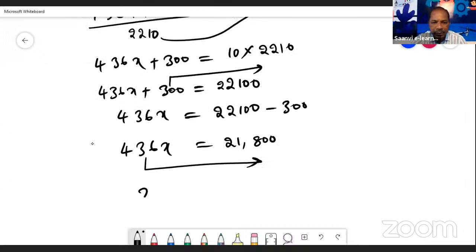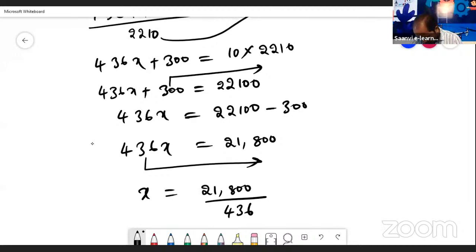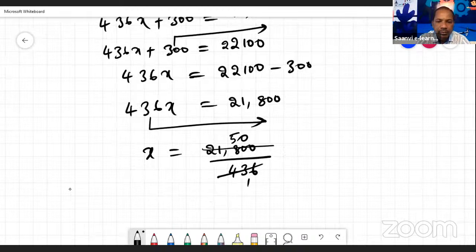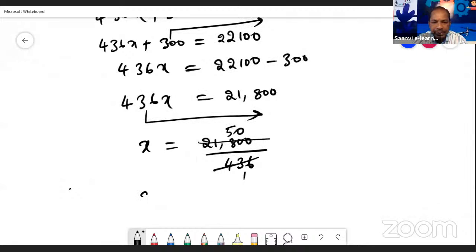Here 436 is multiplying, when we send this side it will divide. So 21,800 by 436. If we simplify this, 436 50 times. So what x value do we get here? x is equal to 50.